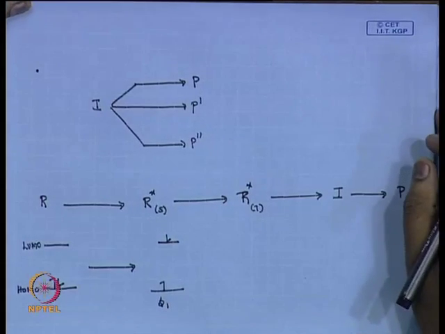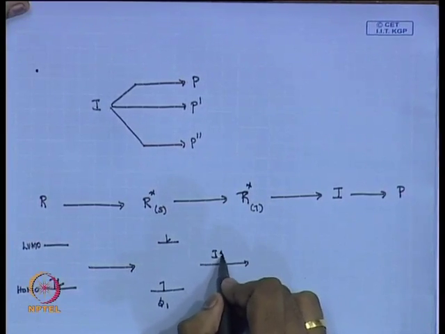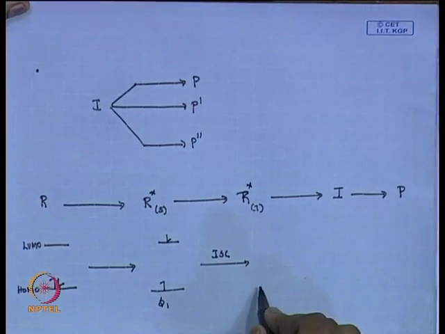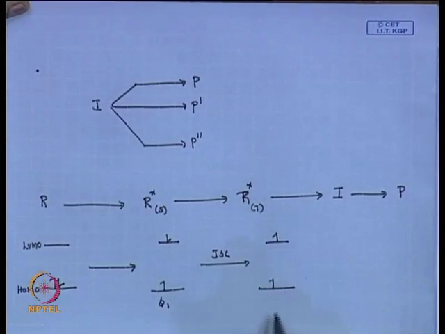So, your spin most of the time will not flip, right, that is what you studied in the Franck-Condon principle. So, that will be your S1. Then it undergoes a sort of inter-system crossing to give you your triplet.